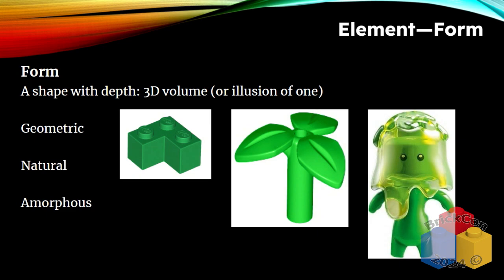How our minds translate that into a 3D shape is the difference in value on the various faces that we interpret as 3-dimensional. But form, there are 3 types of main forms: geometric, natural, and amorphous. And I've tried to give you some examples that you would see out of Lego. The illusions of these 3 dimensions come from the next elements we're going to talk about.